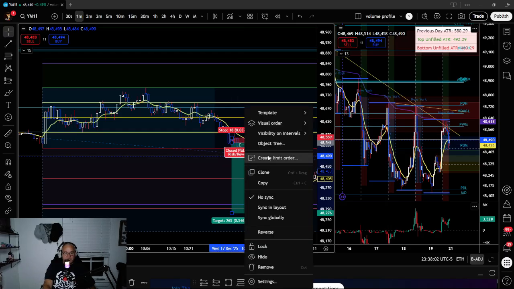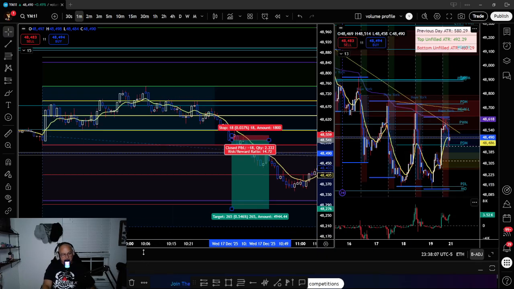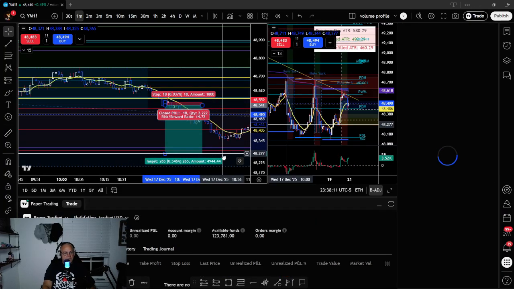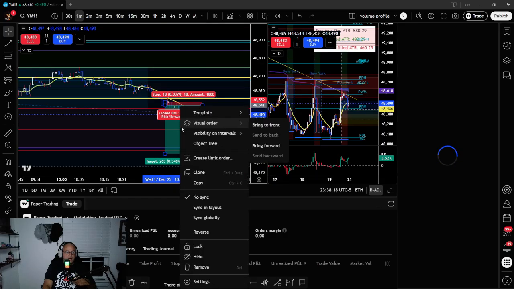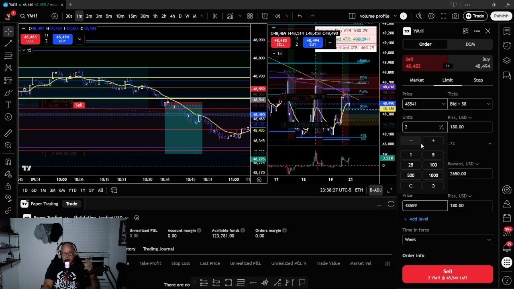Okay, so now if I were to, hold on, I got to get logged in. Let's just log into paper trading here. And now if I create a limit order and I enter my trade with 5 micros, but at this point I'm now in 10 micros, a full mini.